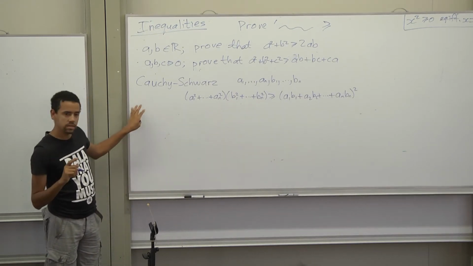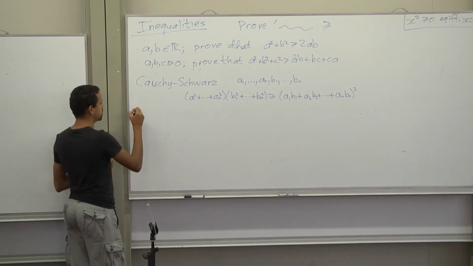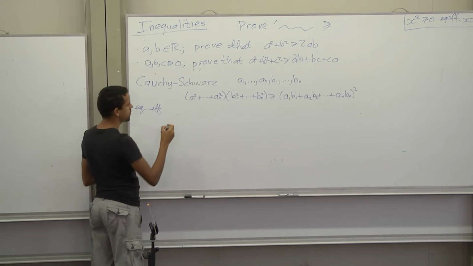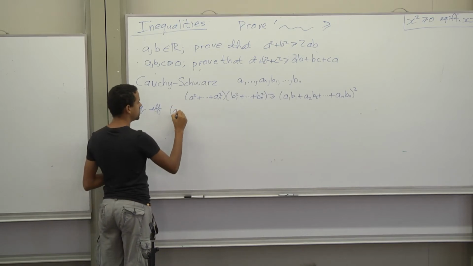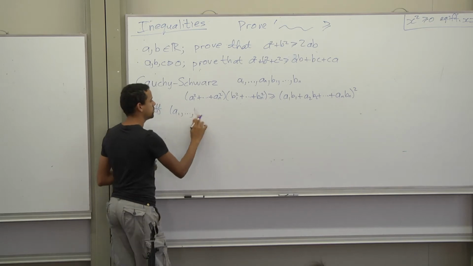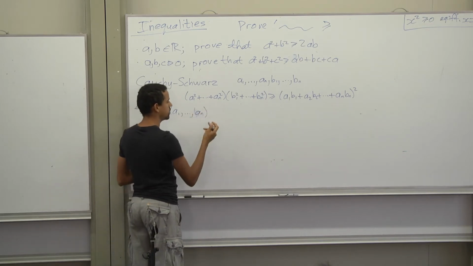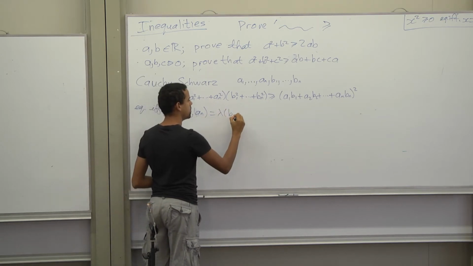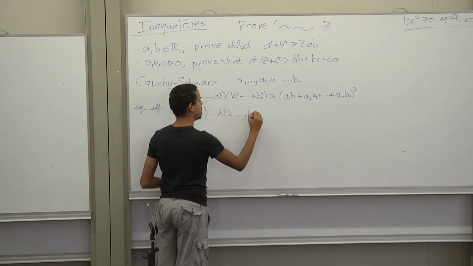The equality case here is a bit special. So equality happens if and only if one of the sequences, let's say A1 up to AN, is some multiple of the other one, B1 up until Bn.